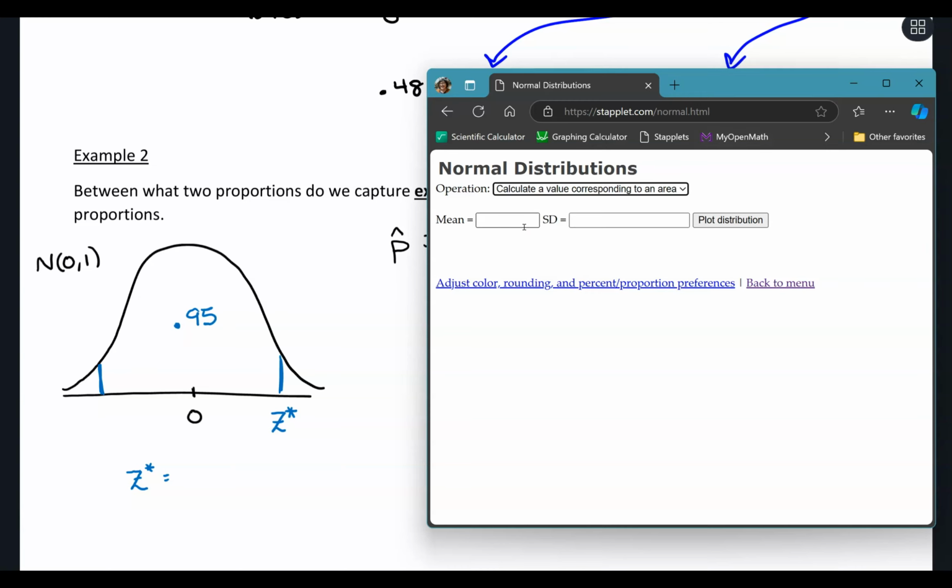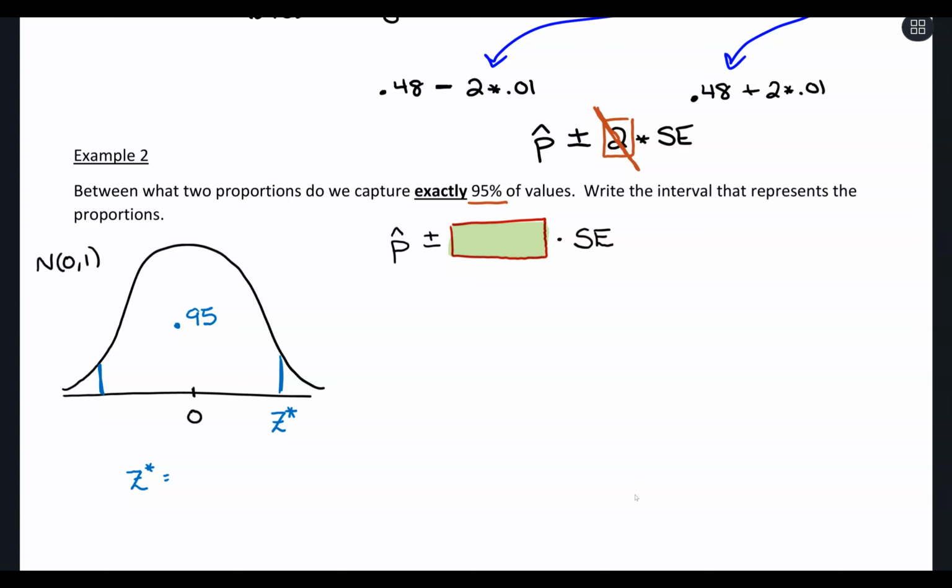So we're going to switch to a central area and change this to 0.95 for that 95% confidence that we're looking for. And there we can see our range from negative 1.96 to positive 1.96, which makes sense because that's very close to 2, but this is more accurate. So our critical Z-score here is 1.96.